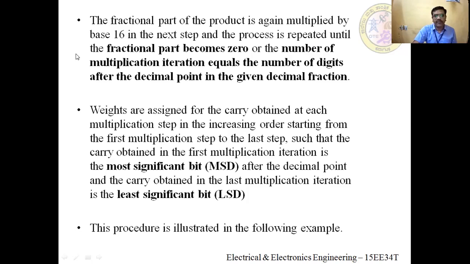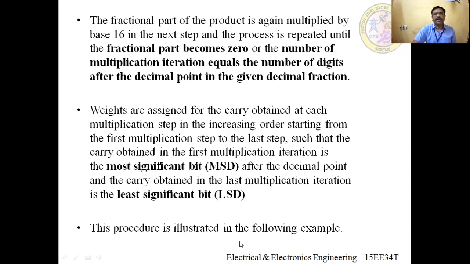Okay, this I will explain when we are discussing the example. It will become clear while we are discussing the example. Weights are assigned to the carry obtained at each multiplication step in increasing order, starting from the first multiplication step to the last step, such that the carry obtained in the first multiplication iteration is the MSB after the decimal point and the carry obtained in the last multiplication iteration is the LSB.